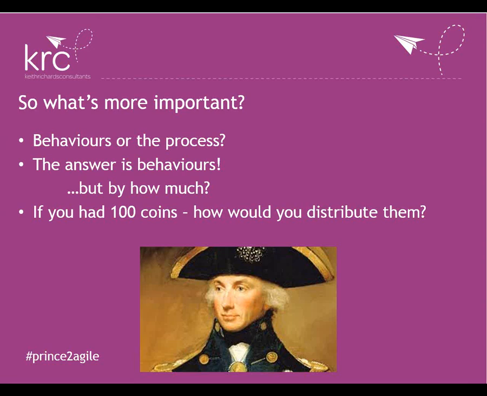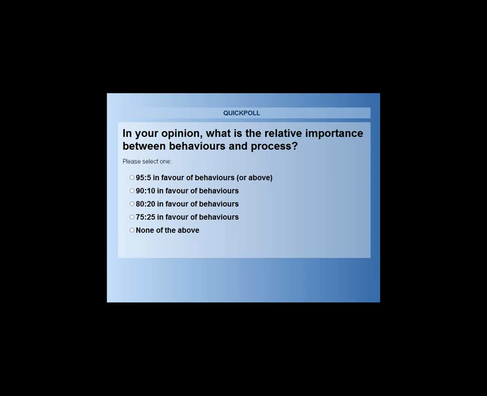The other side is the framework and the process. How would you distribute those 100 coins? I'm looking for a ratio. What would the ratio be between the two? This is the next poll question, so I'd really like to get your view on what ratio would make sense.